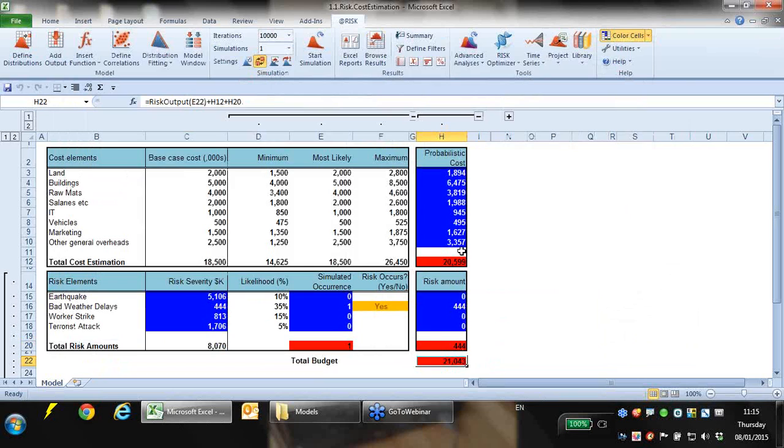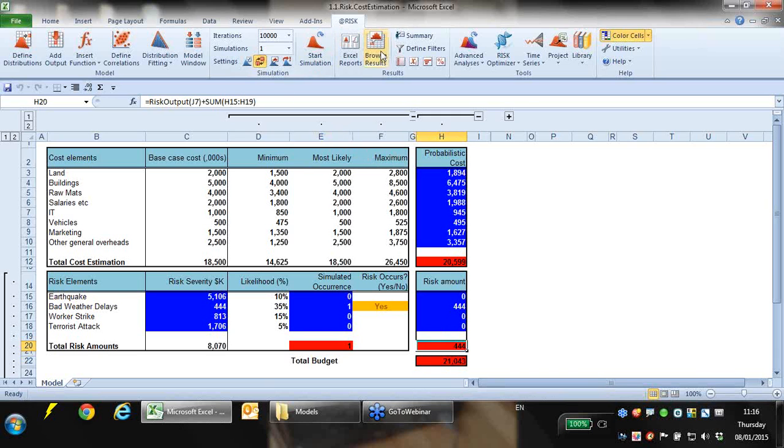What I've now been able to do is apply this to my cost model. The idea of a risk register you can use on its own, or in this case I want to apply it to this integrated cost risk register model, but the outputs from this are the same as up here.